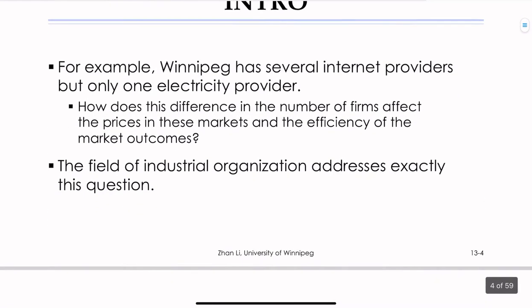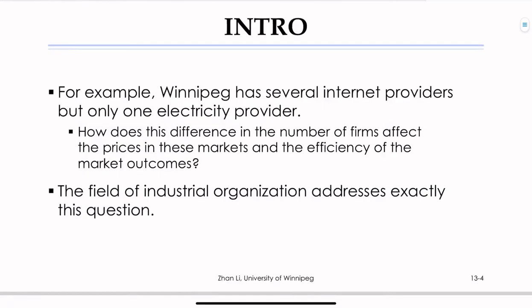Okay, so let's think about different types of markets here. Obviously, we will just think about this using very simple examples. You can see that for Winnipeg, we have basically two internet providers, Shaw and MTS. And for electricity, we have only one provider, Manitoba Hydro.